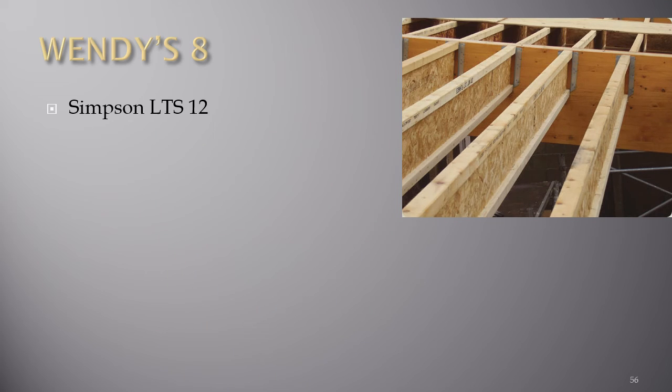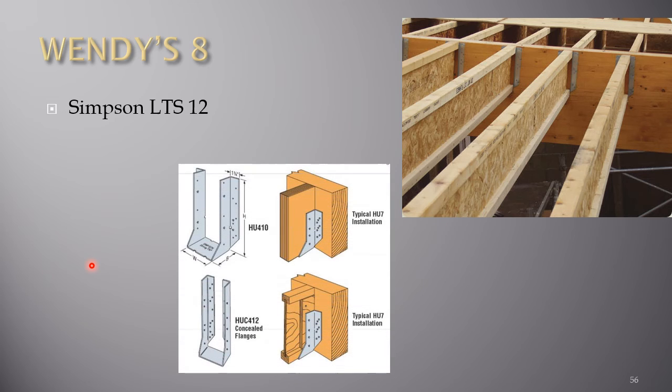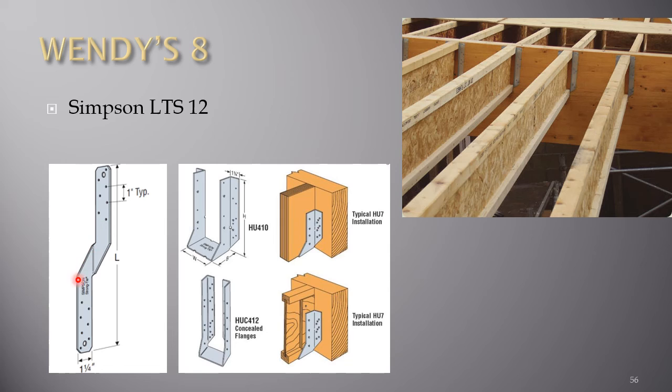The Simpson LTS12 designation is referring to something called a hanger. These devices are used to efficiently connect joists to beams, often looking in this manner, to nail or screw one wooden beam to another, and you can see them here.